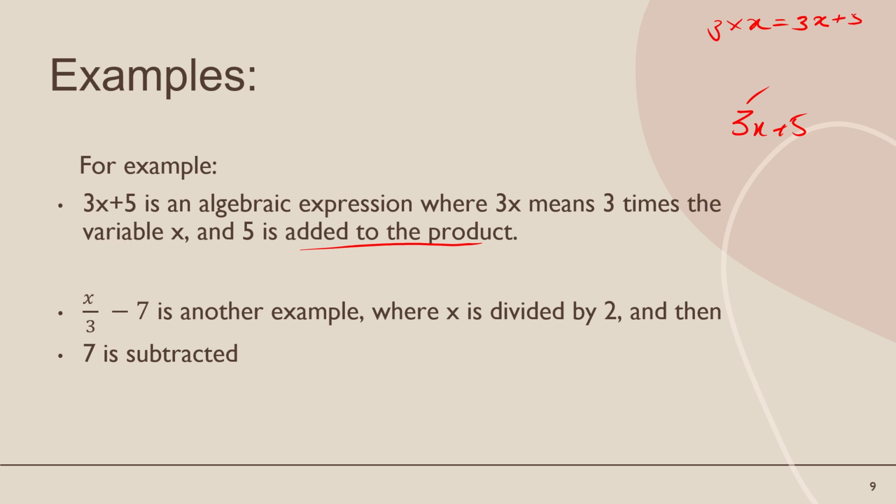So, add 5 to the product of 3x. That is how we can read it.